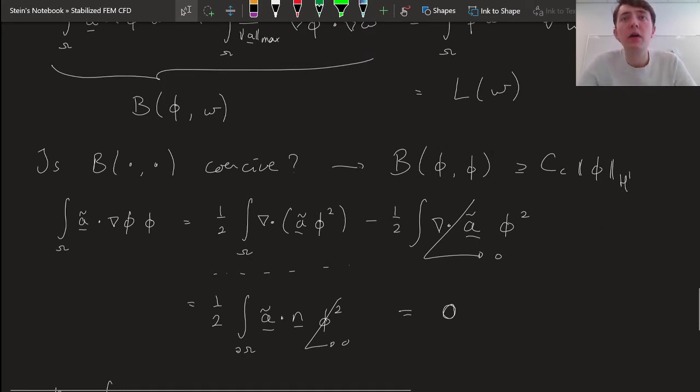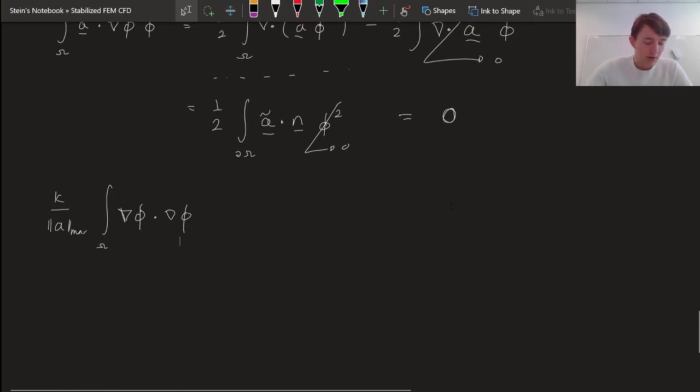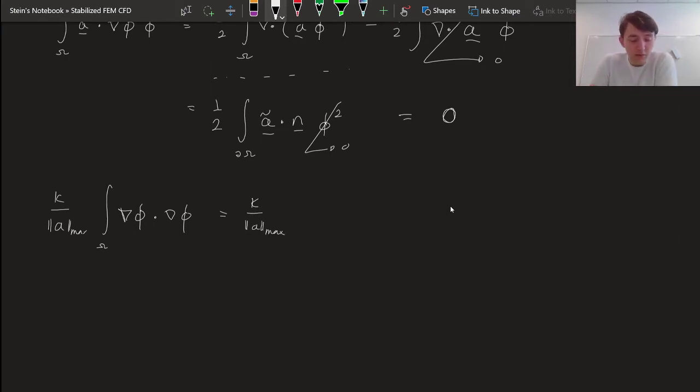I hope that my mouse is actually visible. Not sure. Okay, so this is going to be equal to kappa times A max of, well, what is this expression? This is actually simply the norm in L2 of the gradient of phi square.